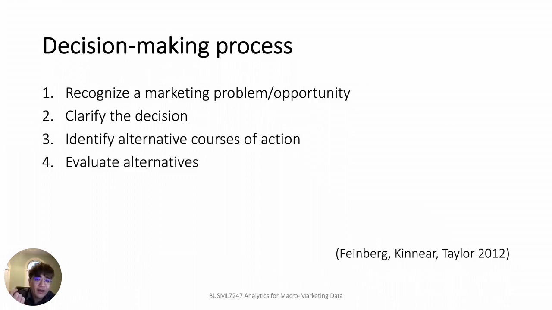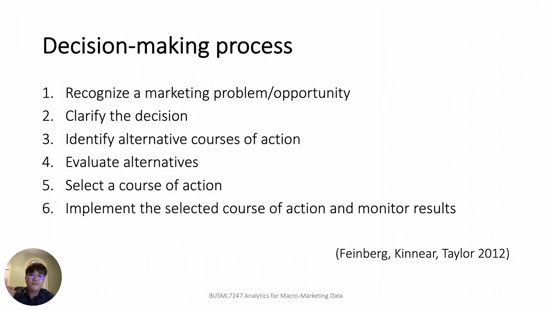Fourth, managers evaluate each of the possible options. And then, managers select one of the actions to do based on the evaluation. And the final step is follow-up step, which is to actually implement the action decided and monitor results from the action.